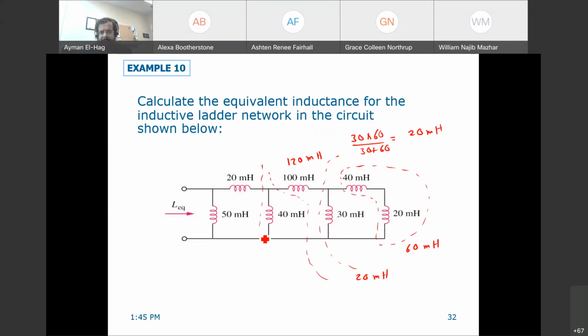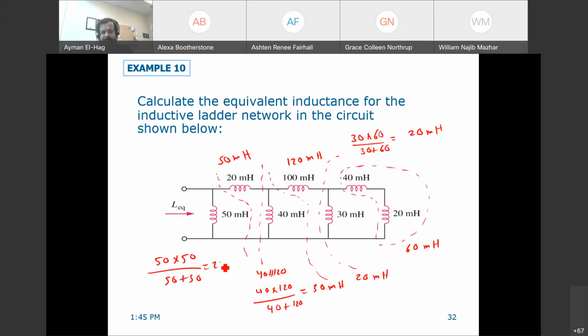So it is 40 times 120 divided by 40 plus 120, which is equal to 30 millihenry. Until this point we have 30 plus 20, so this becomes 50 millihenry. Now 50 in parallel with 50, this is the last one, so we have 50 times 50 divided by 50 plus 50, which is equal to 25 millihenry, and this is the equivalent inductance.